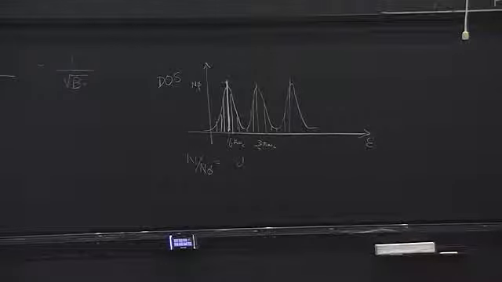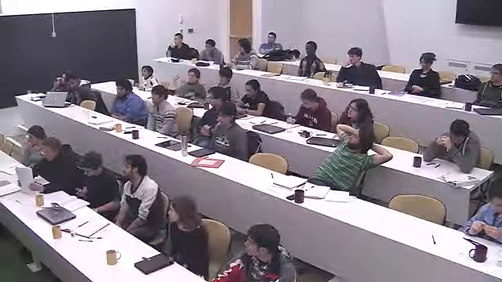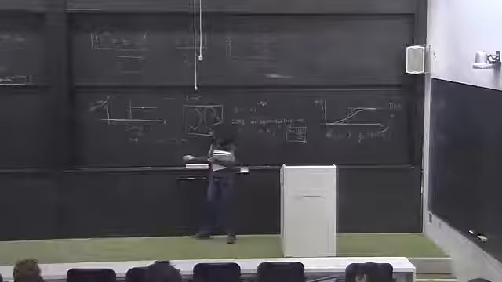So without disorder, I can only derive the response at points in this graph. There are no plateaus without disorder. For plateaus, you need disorder. Okay. Thanks. I'll continue tomorrow.